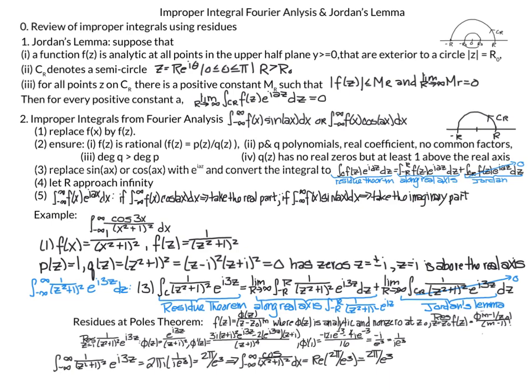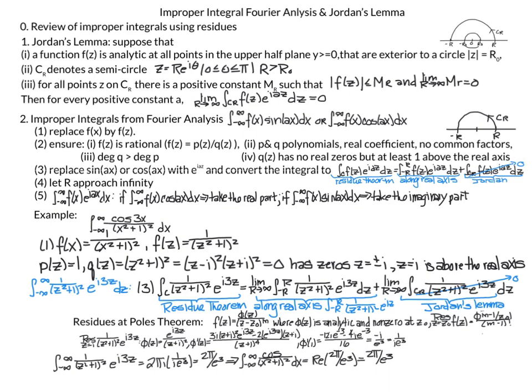It's very similar to what we had for our improper integrals, in that our integral over a closed contour, where we can use the residue theorem, is going to be our integral along the real axis of our function f of z e to the iaz, plus the integral along an upper semicircle, C sub R. And according to Jordan's lemma, this goes to 0.